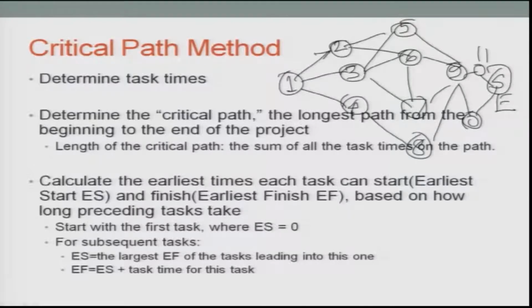I have not drawn the diagrams, I am just showing a few of them, the relationships, from which stage to which stage they proceed. Once you have that, all the nodes would have the time, the relationships between them, and the actual durations, and you try to find out which path will take the longest time. That is known as the critical path.